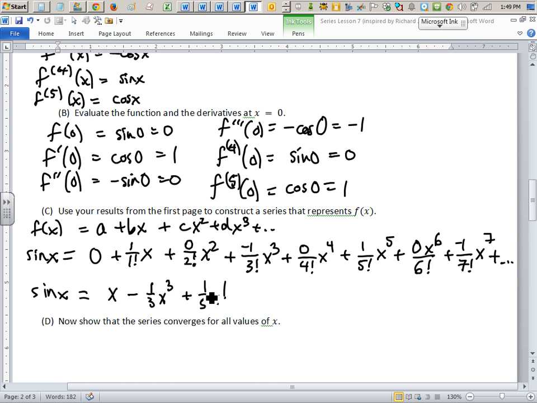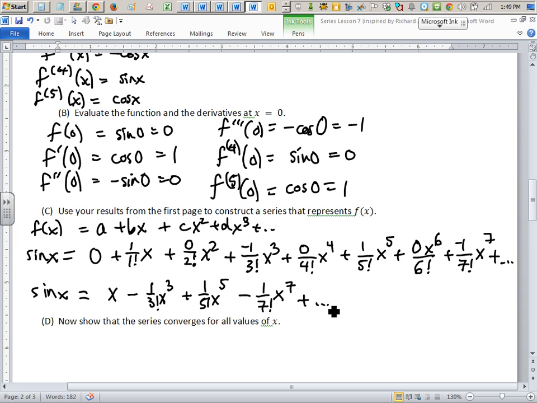Sorry, these are 3 factorial and 5 factorial. And then minus 1/7 factorial x to the seventh. What am I doing? I'm writing this incorrectly. This should be an x to the fifth and an x to the seventh. This is what happens when you don't have water in your system. Drink water. There we go. And this pattern just goes on forever.